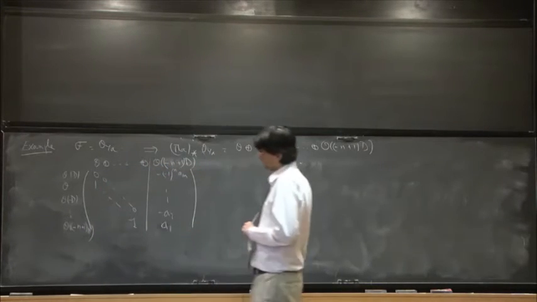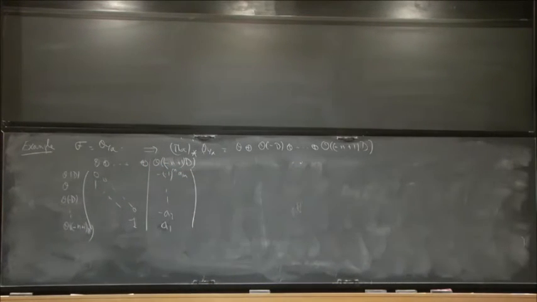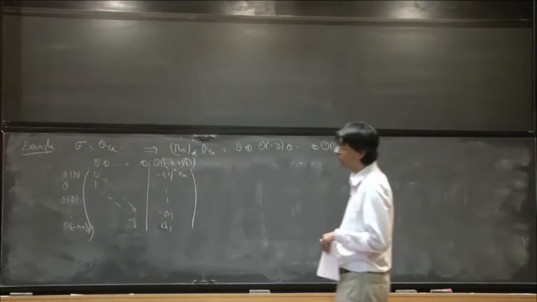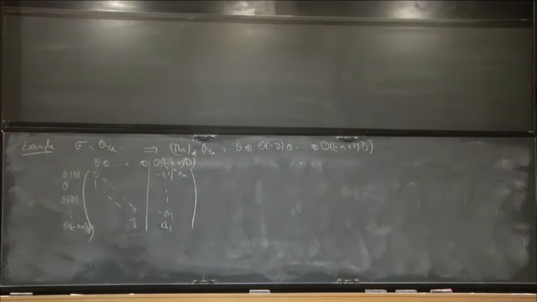So we get the usual companion matrix. So we know that it is really of characteristic polynomial A.